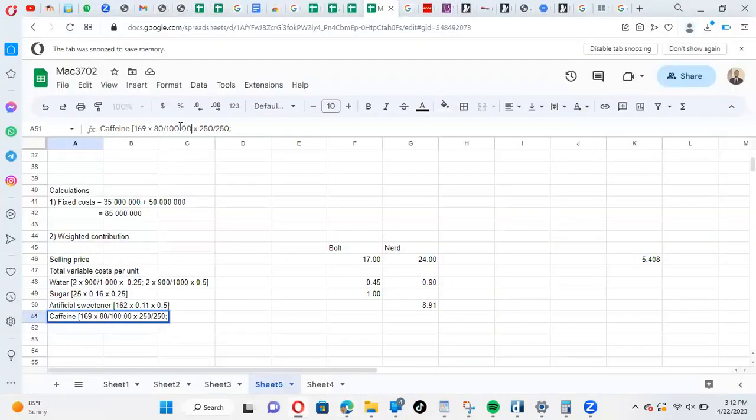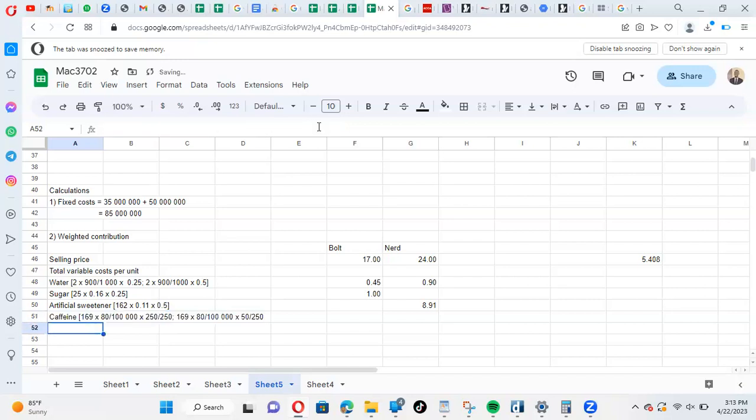I actually remember making this mistake some time back. So 80 divided by 100,000. This is the requirement now per 250 by 250. The other one is going to be the same thing, but we'll be dealing with 500 on the next one instead of 250.